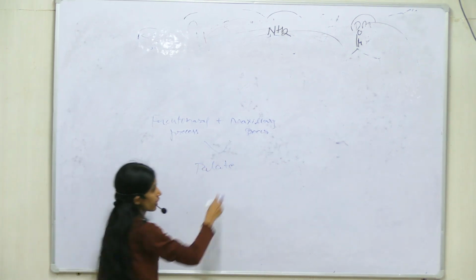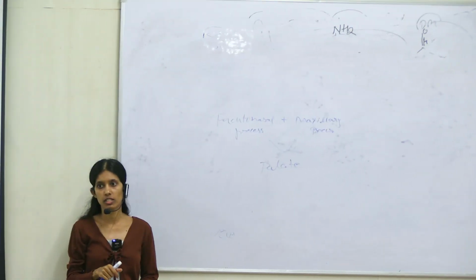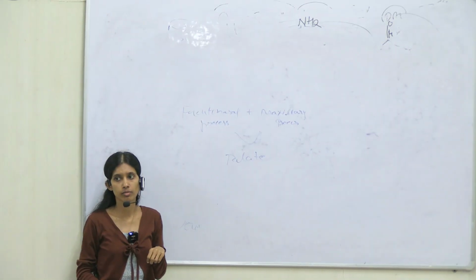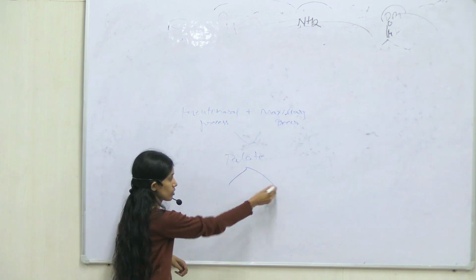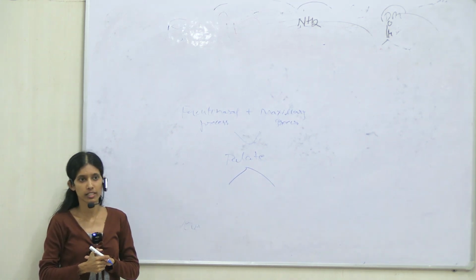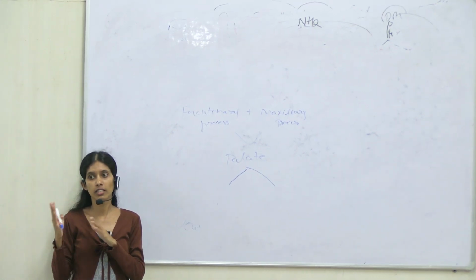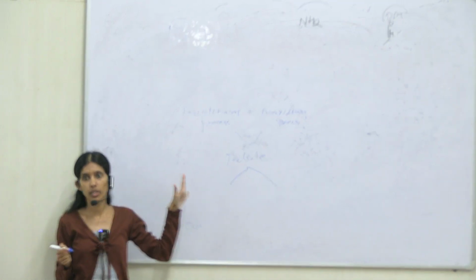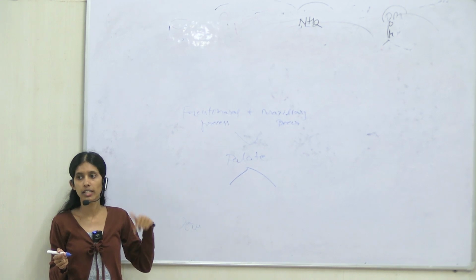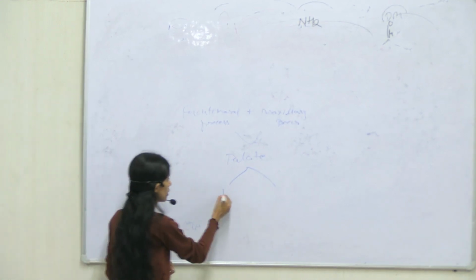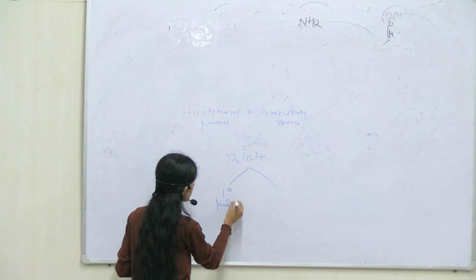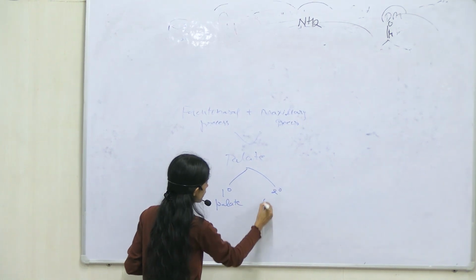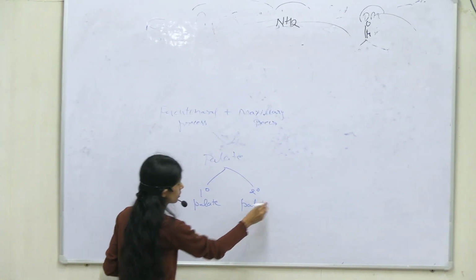Okay. And we have two divisions in palate. What are those? Okay, soft palate, hard palate. Any other division that we see in the adult structure? We are studying about the embryo part, right? So here we have primary palate and secondary palate.